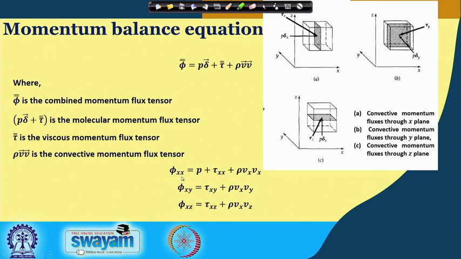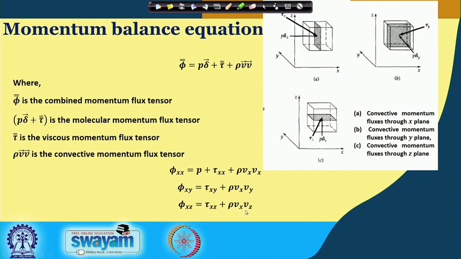You can see here for the x direction we have phi xx equal to this pressure plus tau xx plus rho Vx Vx. Similarly, we have phi xy, this is tau xy plus rho Vx Vy, and phi xz, tau xz plus rho Vx Vz.